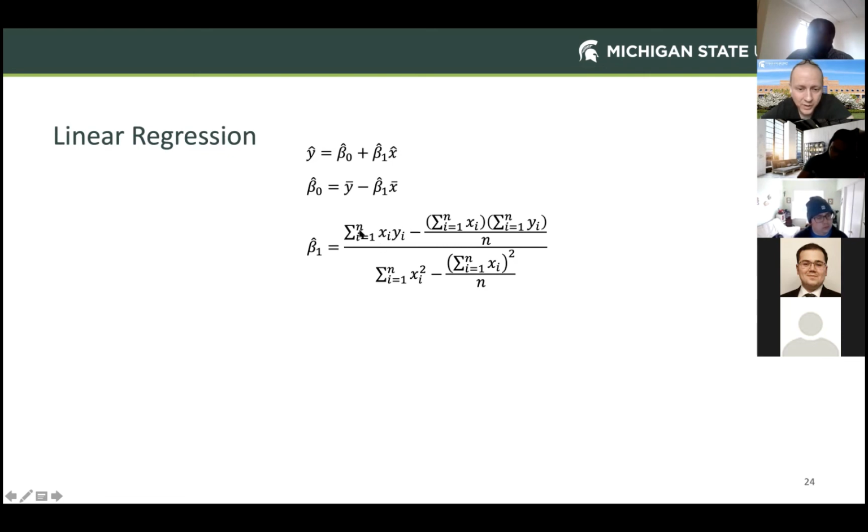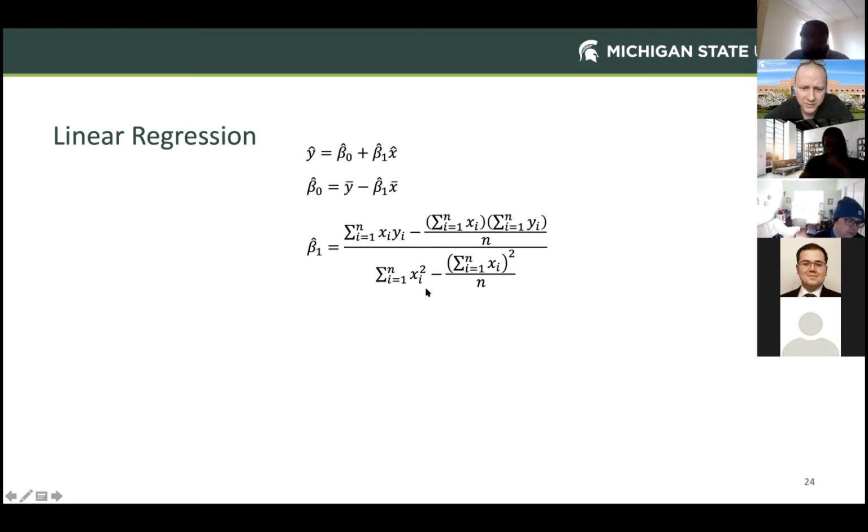All we're doing here is summing our XYs and subtracting the sum of X times the sum of Y over N. The denominator here is identical, except that we're swapping in X for Y. So we've got the summation of XI squared across all observations, minus the sum of X across all of our observations, that quantity squared, divided by N. It should look familiar to you.